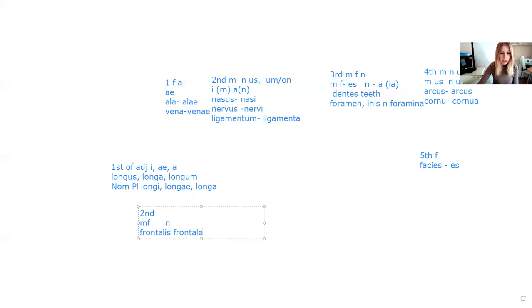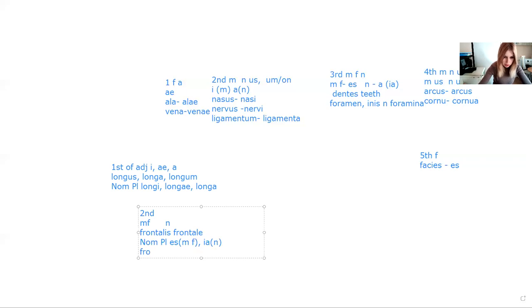Frontalis, frontale. What about their plural endings? In nominative plural, they will have endings -es and -ia. Ending -es for masculine and feminine gender, ending -ia for neuter gender.